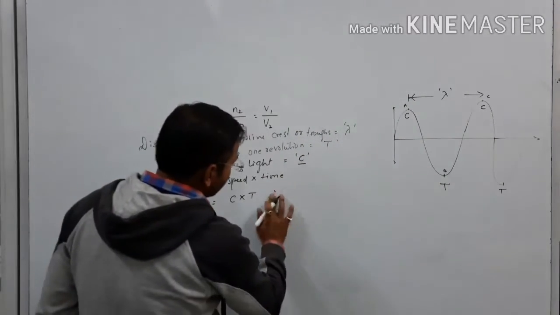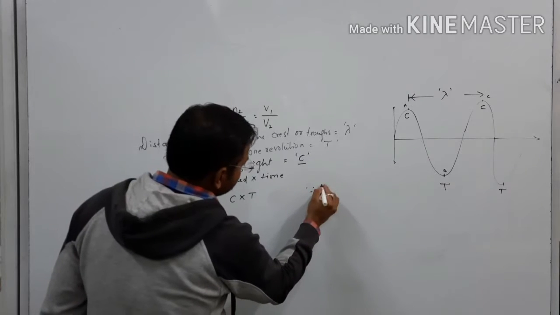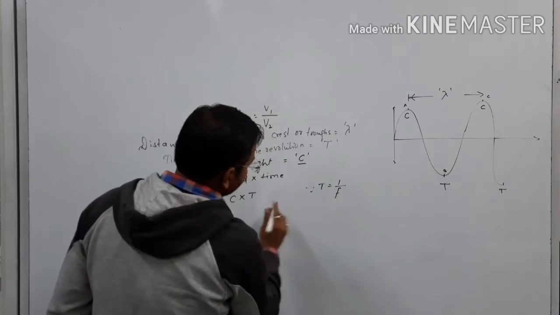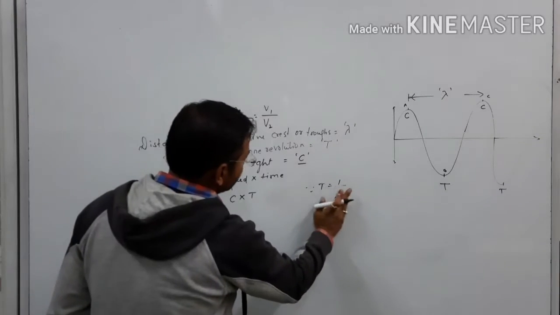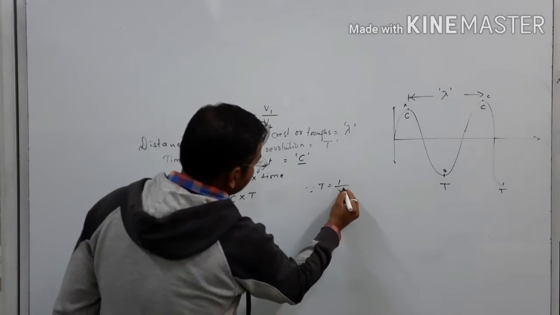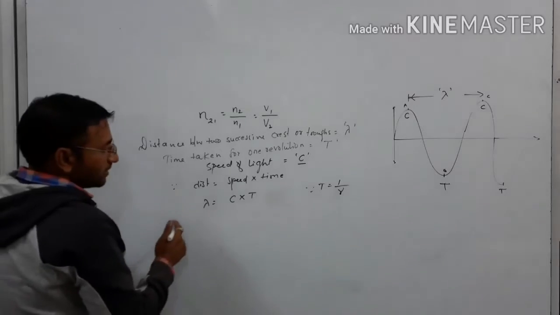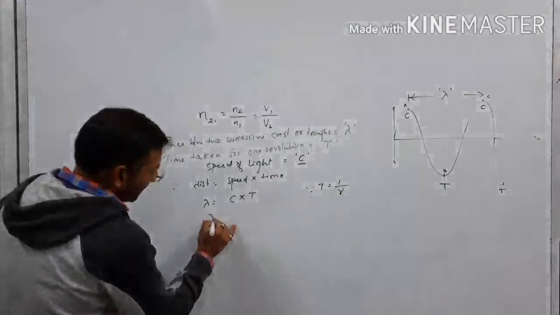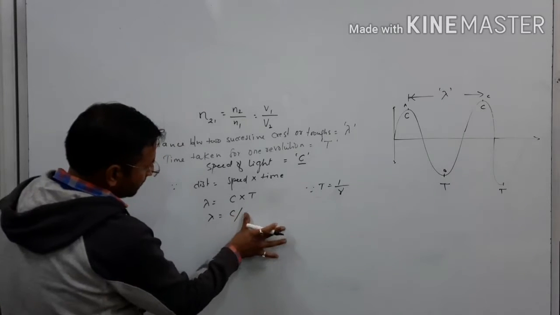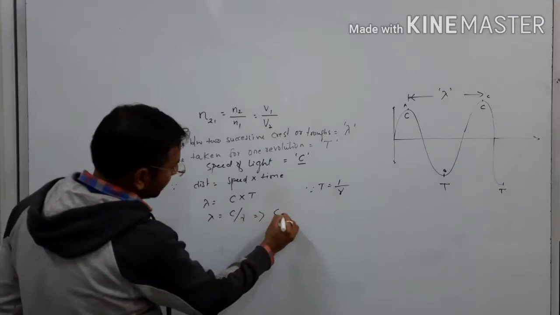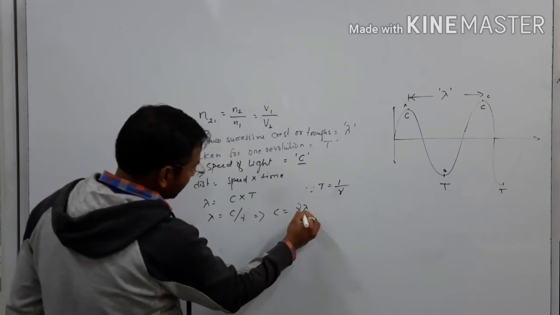Since time period is the reciprocal of frequency, and if we denote frequency by the symbol mu, lambda equals c by mu. So c equals mu lambda.